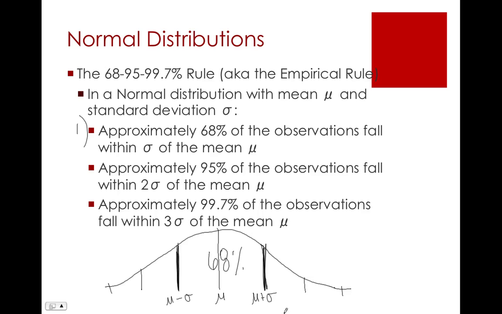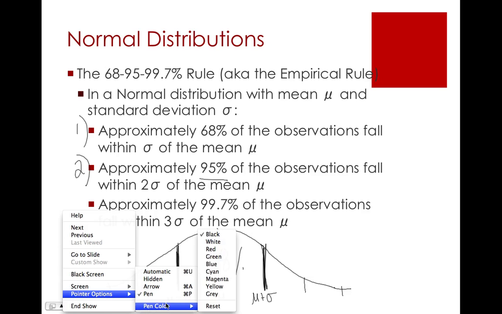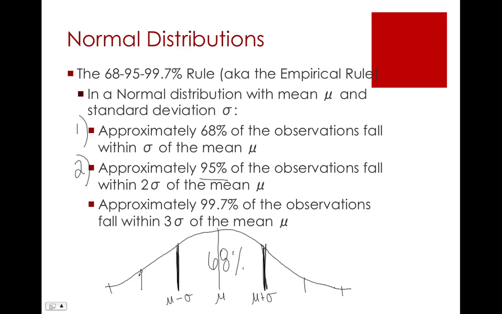I capture 68%. If I go out 2 standard deviations from the mean, plus 1, 2, minus 1, 2, I capture 95% of observations. So from mu plus 2 sigma down to mu minus 2 sigma, I capture 95% of observations.